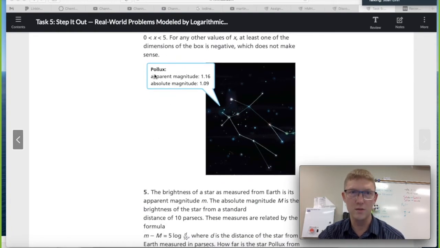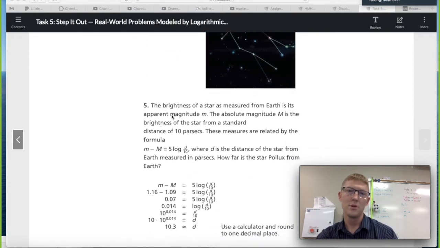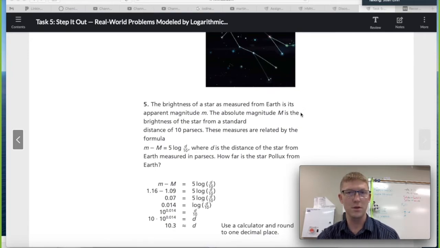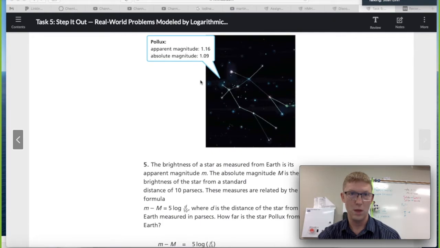So Pollux, that star right there, the head of Gemini, the Gemini twins, Castor and Pollux. Pollux has an apparent magnitude of 1.16 and an absolute magnitude of 1.09. The brightness of the star, as measured from Earth, is its apparent magnitude, m.